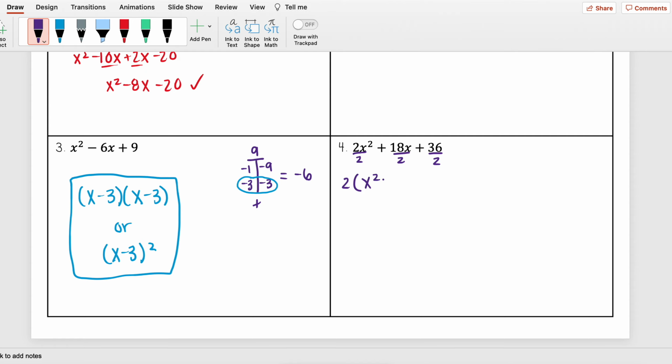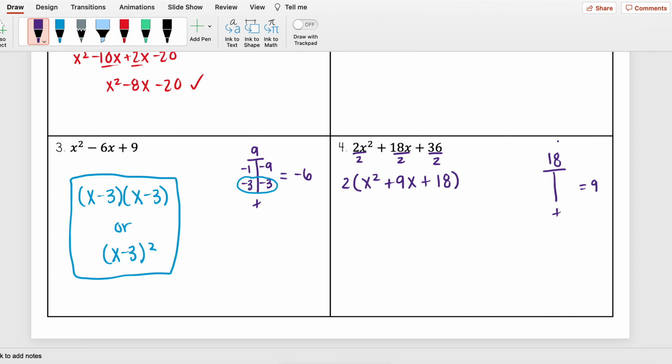And that leaves me with x squared plus 18 divided by 2 is 9x. 36 divided by 2 is 18. And now I have a 1 for my a value, so I can use my shortcut here. So here I'm looking for two numbers that multiply to 18, but then add to equal 9.